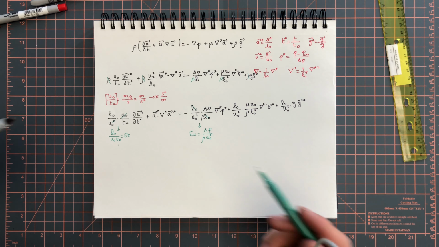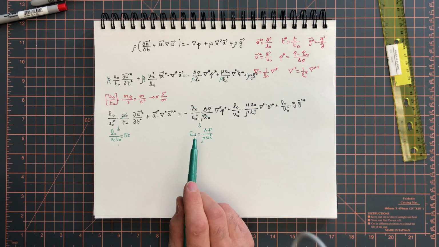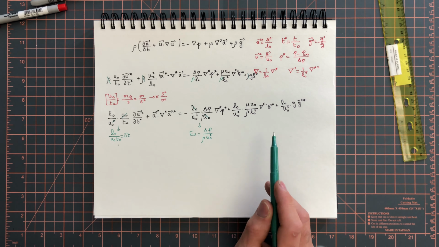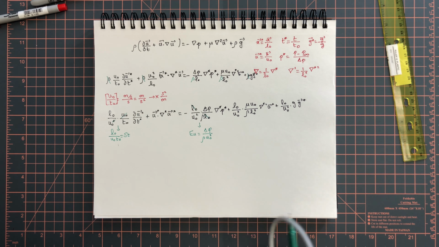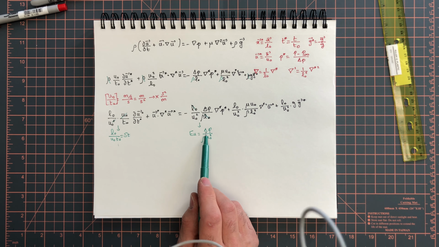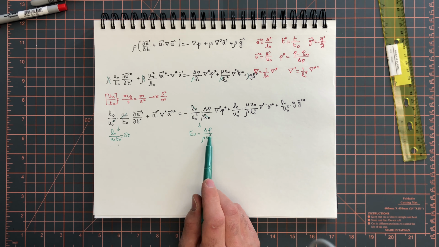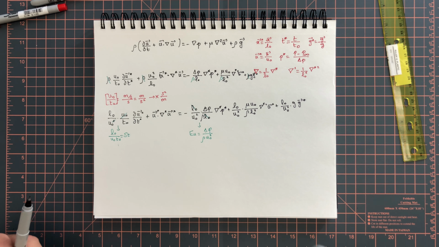Now, depending on the type of flow, again, we're going to make an argument later and say, hey, the Euler number needs to balance the Reynolds number, and 1 over the Reynolds number, for example, and then therefore delta P needs to scale with the viscous scaling. So without having to think about what scale to pick for delta P from the outset.